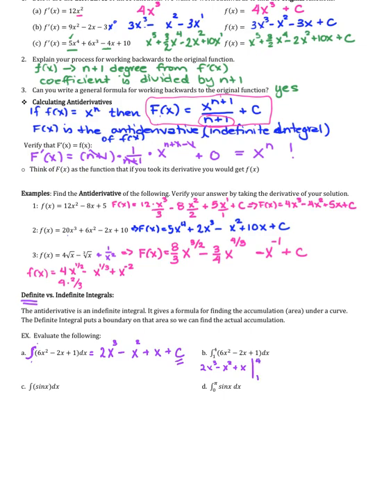So what we're really doing here is part of your fundamental theorem of calculus. The answer to a definite integral is you take the antiderivative, evaluate it at that upper bound, minus the antiderivative evaluated at the lower bound.